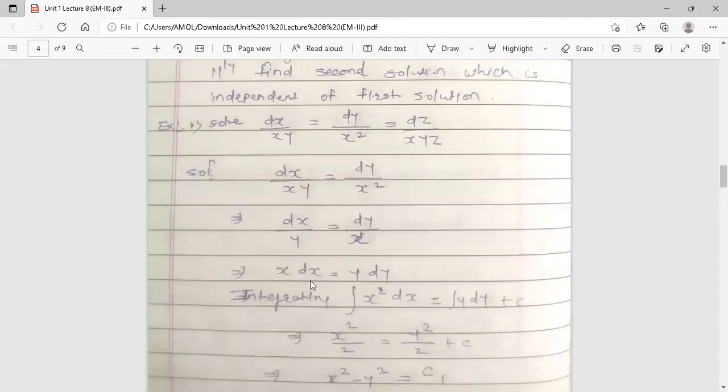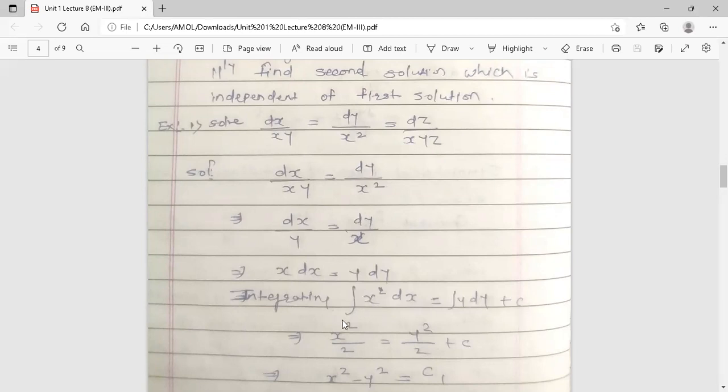Now this is variable separable form because the terms of x are collected in LHS and the terms of y are collected in RHS. So integrating we get integration x dx is equal to integration y dy plus c, constant of integration.